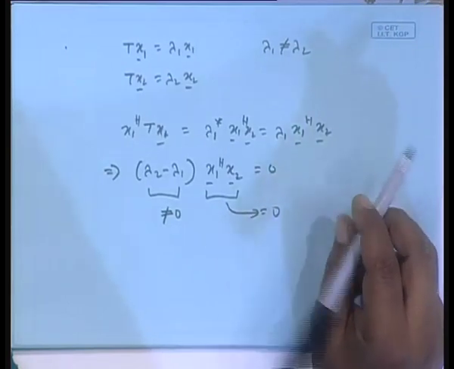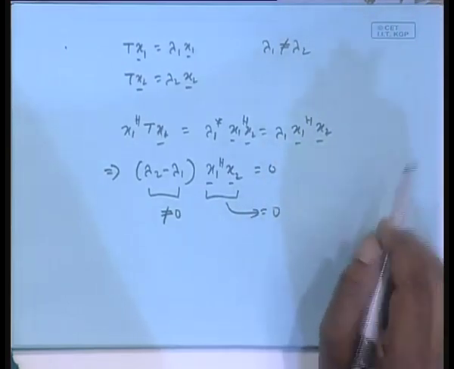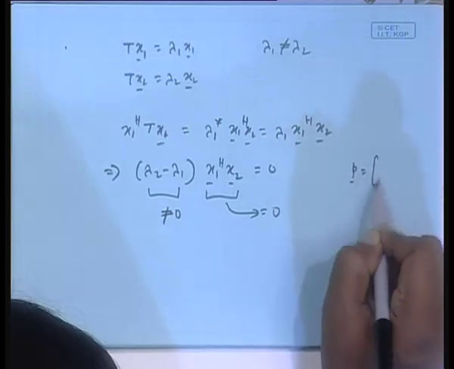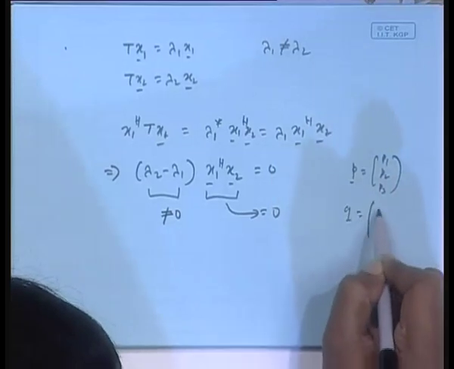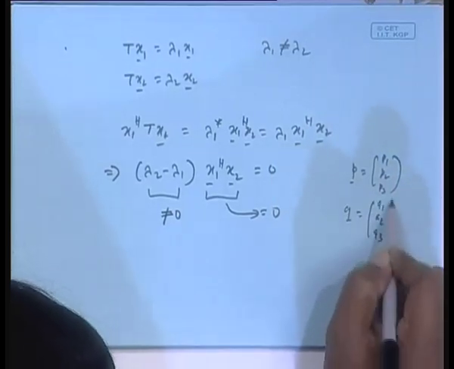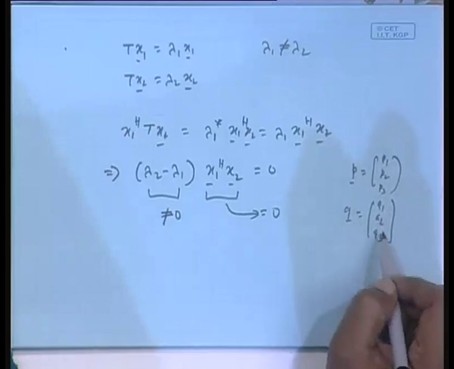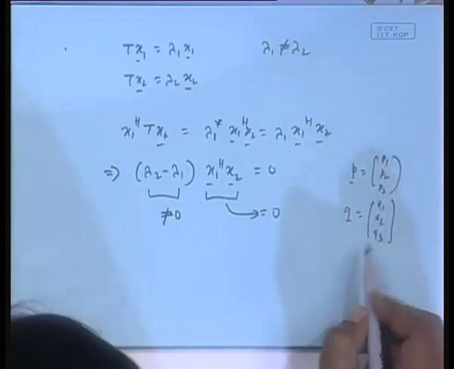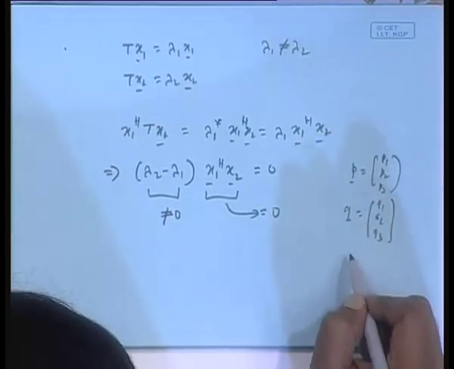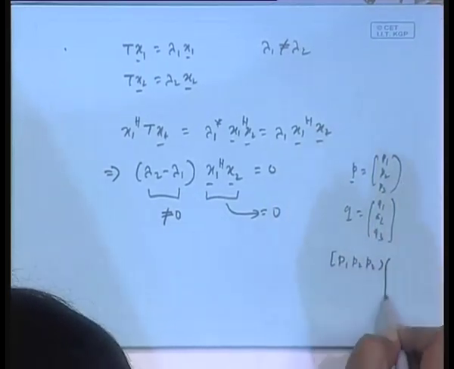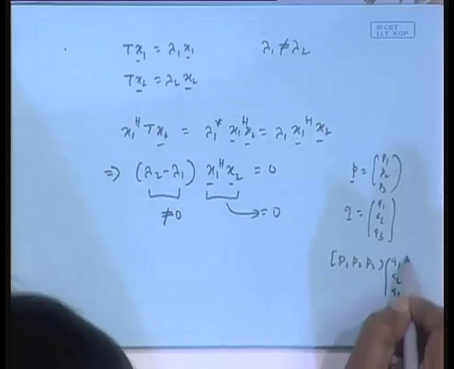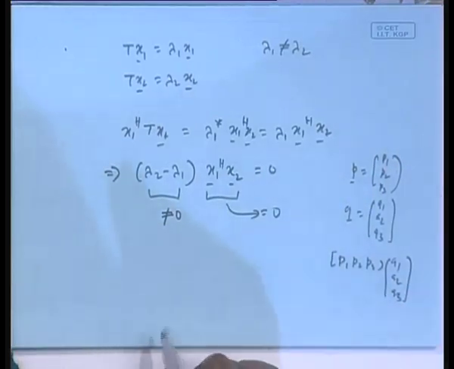So, p vector and q vector, p dot q, p was p1, p2, p3, q was q1, q2, q3. What is p dot q? p1 q1 plus p2 q2 plus p3 q3, that is p transpose, this is p1, p2, p3 transposed, into q1, q2, q3, isn't it? That was the dot product.